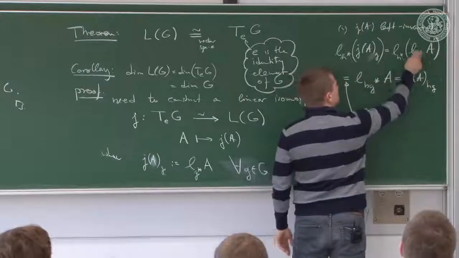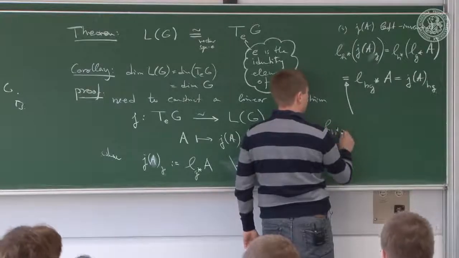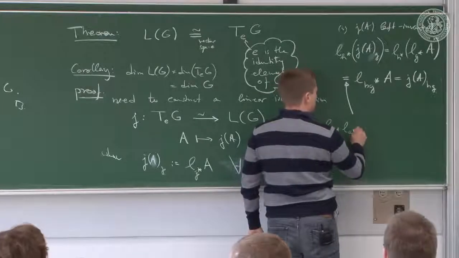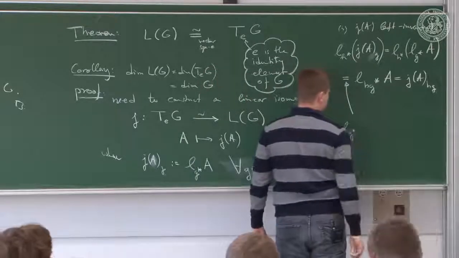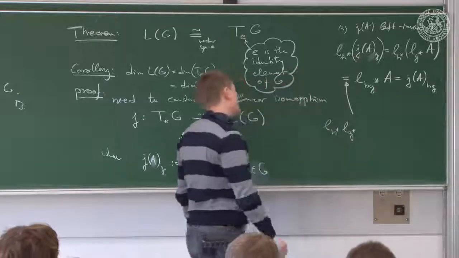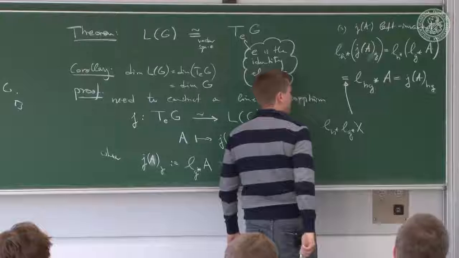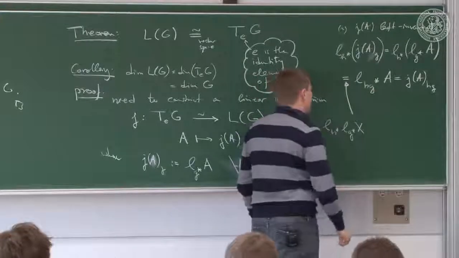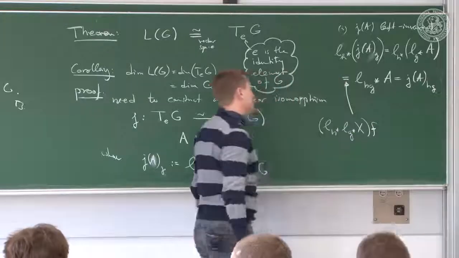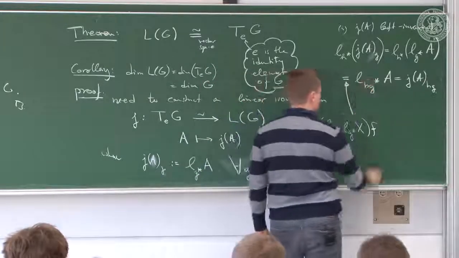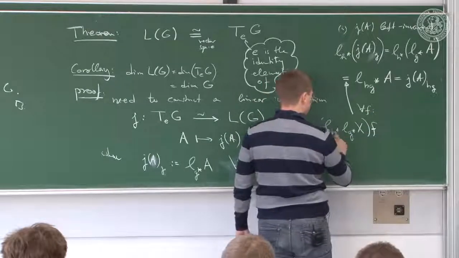Now the question is, why is this true? Why is it true that if I take L_H star, L_G star, and I let it act on an arbitrary vector, let's do this in general, why is this the same as this? Well, let the whole thing as a result act on an arbitrary function. So I just want to check this for every f. What's the definition of this?